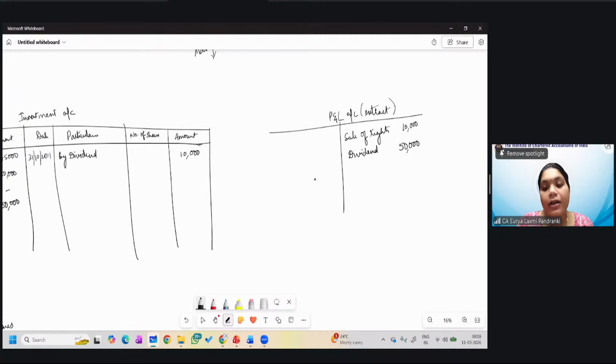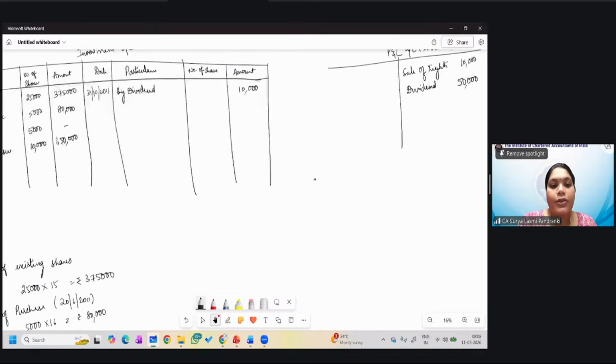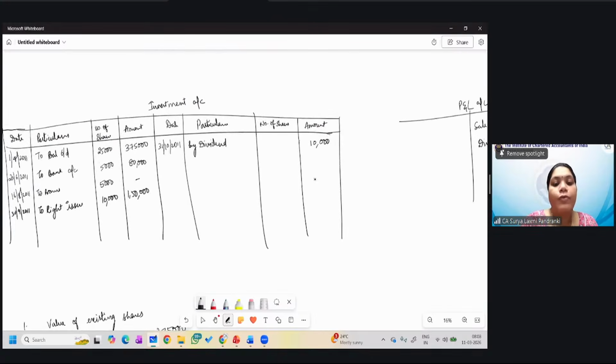I didn't take dividend on bonus and rights issue. I've only taken dividend on these 25,000 shares and sent it to the P&L statement. These 5,000 shares I've adjusted in the investment account. I didn't take the dividend on the other two because they clearly told in the question that dividend is not issued on the bonus and rights issue. Are we clear?